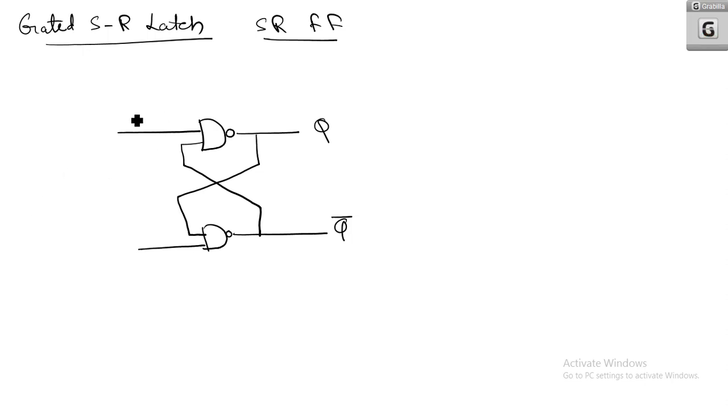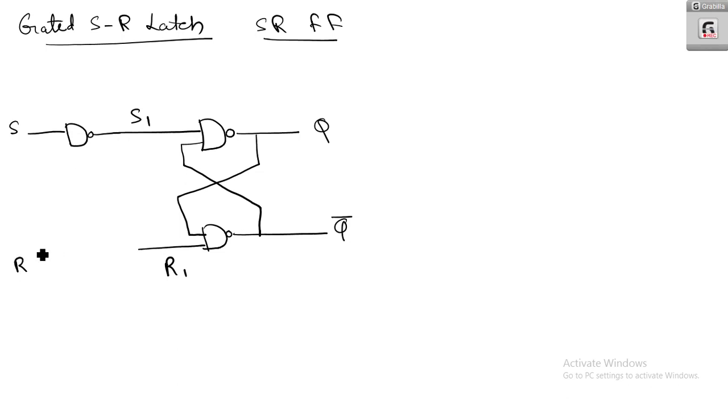Now here you have set and reset inputs, say S1 and R1. You should enable S1 and R1 based on some enable input. So I am going to give this enable input. I have S here, giving to a NAND gate, which I give to S1.